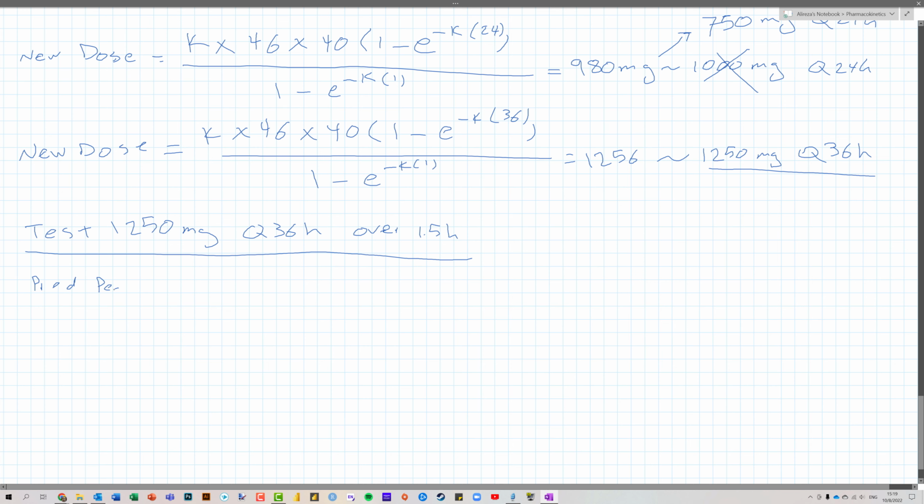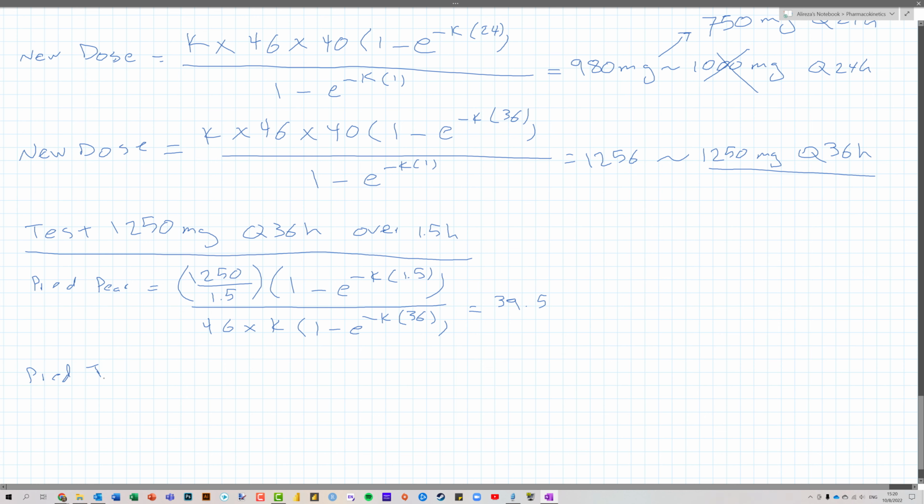So the predicted peak would be 1250 divided by 1.5, times 1 minus e to the negative K times 1.5, and in the denominator we'll have 46 times K times 1 minus e to the negative K times tau, which is 36, and that will give us a predicted peak of 39.5.